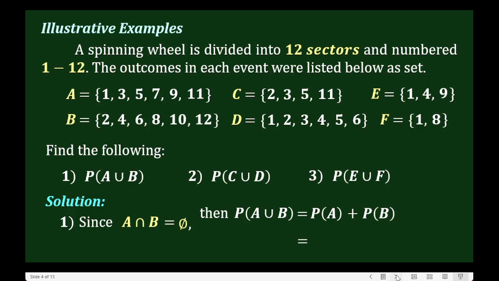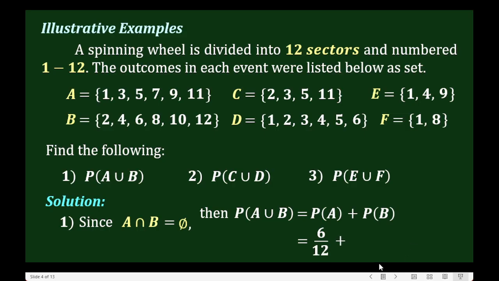Now, substitute the value of the probability of each term. For P of A, we refer to event A and count the number of elements. Since there are 6, that will be the numerator of P of A: 6 over the number of sectors of the spinning wheel, which is 12.